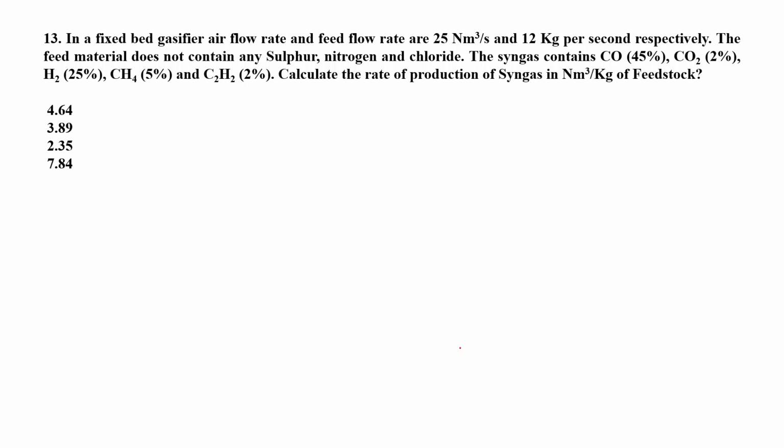The syngas contains carbon monoxide 45%, carbon dioxide 2%, hydrogen 25%, methane 5%, C2H2 2%. Calculate the rate of production of syngas in normal meter cube per kg of feedstock. The formula for this question I have shown in the slides.